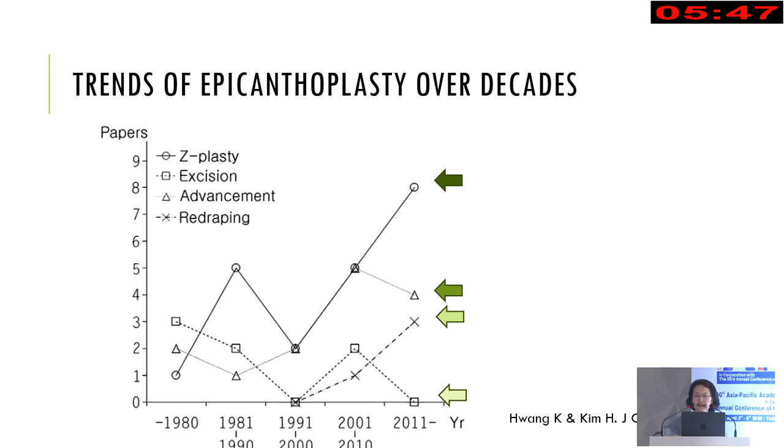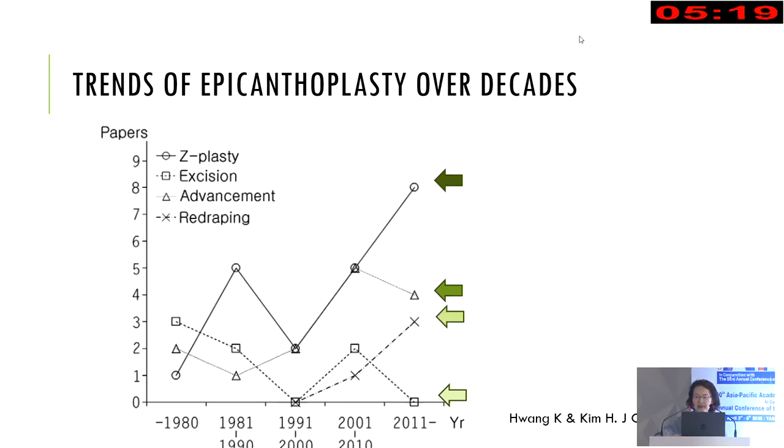Z-plasty was the most frequent and is still increasingly cited. Excision has decreased and no articles have recently been written. Advancement has continuously increased but has stabilized after 2010. Nowadays, skin redraping epicantoplasty is frequently performed in South Korea.